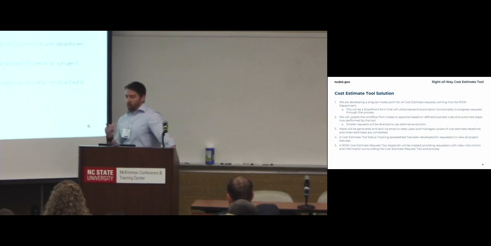So you can go into that spreadsheet at any time and see what step in the process your request is in. And since we're overhauling the entire process for a requester, we're also generating some documentation, and an appendix will be put on the right-of-way SharePoint site to reference if you have any questions about the process and how it moves along.